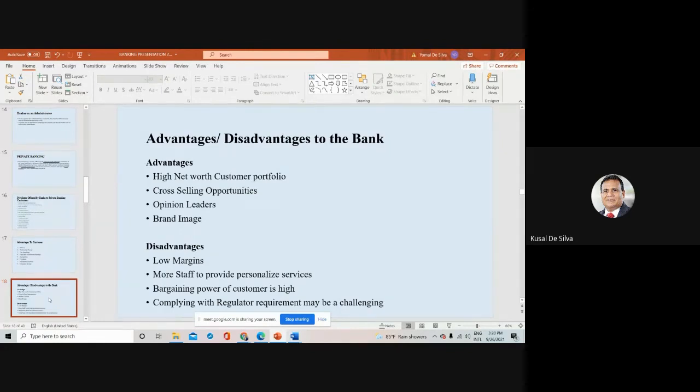Then most of them are opinion leaders. They are forming an opinion about the bank, maybe good or maybe bad, but these opinion leaders are very important. They carry a message to the community, and they associate with different kinds of communities at a very high social status.